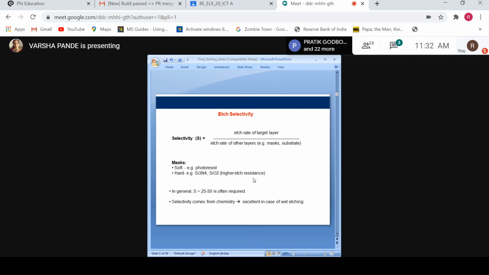That is the anisotropic property. So we want anisotropy because generally we want only vertical etching, and we want good selectivity, where only the particular material etches and other material does not. We want those two properties, but wet etching satisfies only the selectivity. It will not satisfy the anisotropic property.